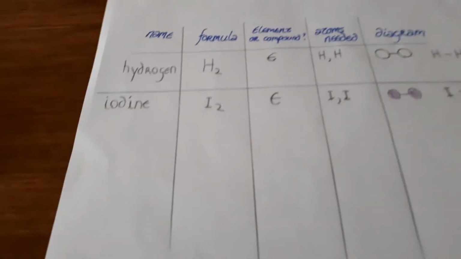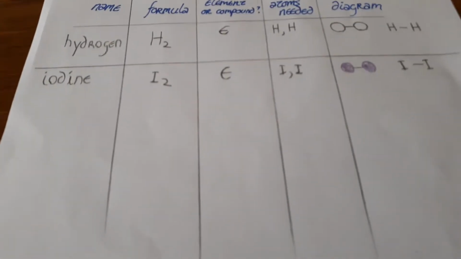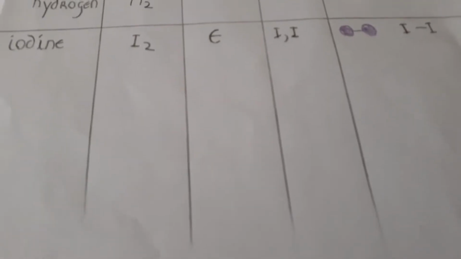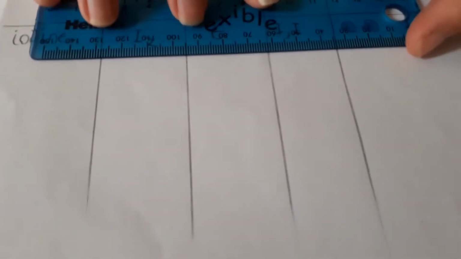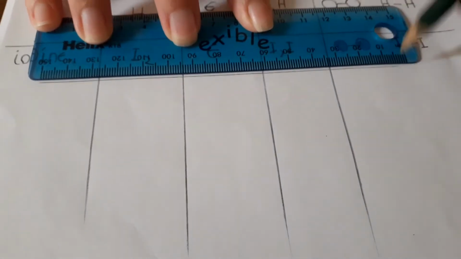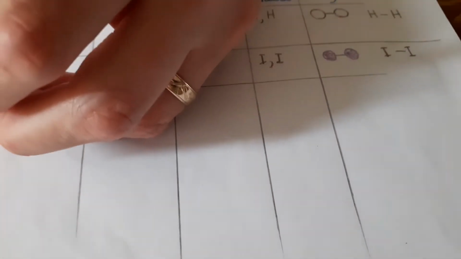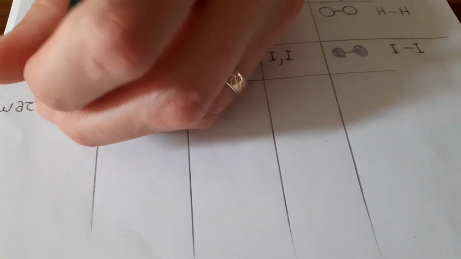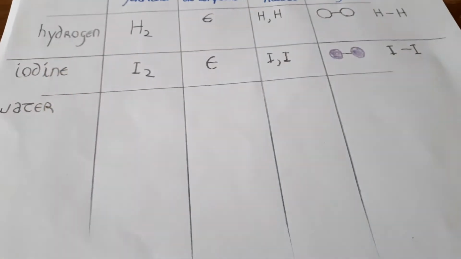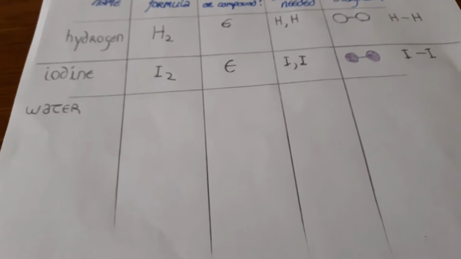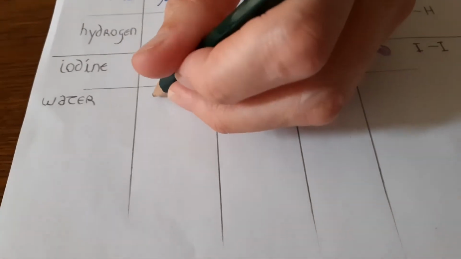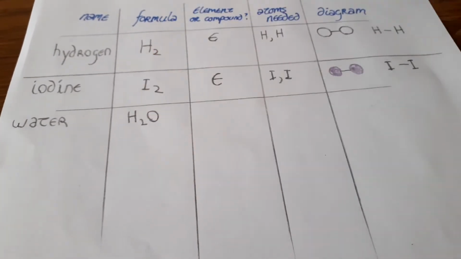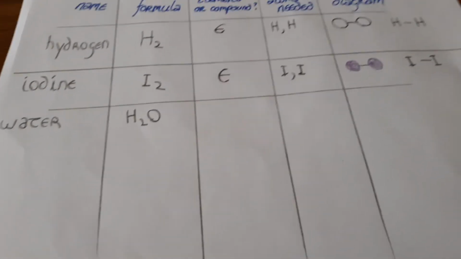Okay, so that's iodine. Let's look at something else, water. Now, the ancient Greeks thought that water was an element, so we're going to find out if they were right or not. Water. We all know, well, I'm hoping we all know the formula for water, which is H2O.